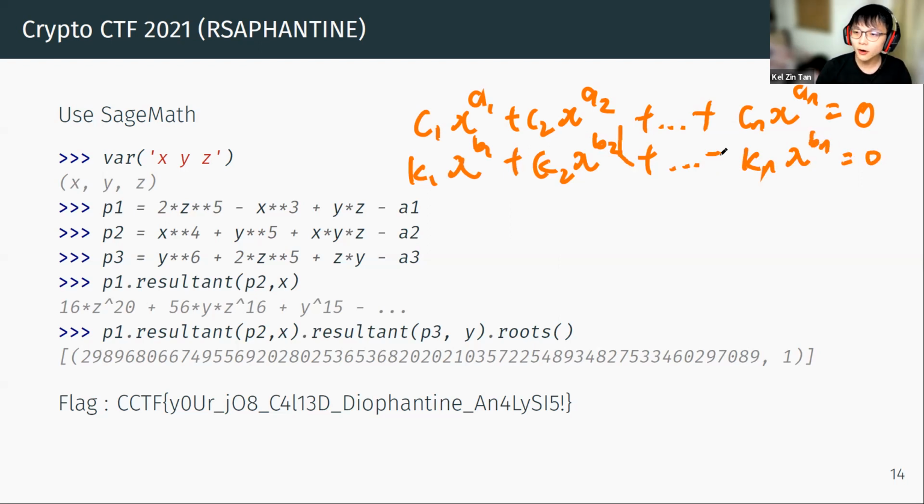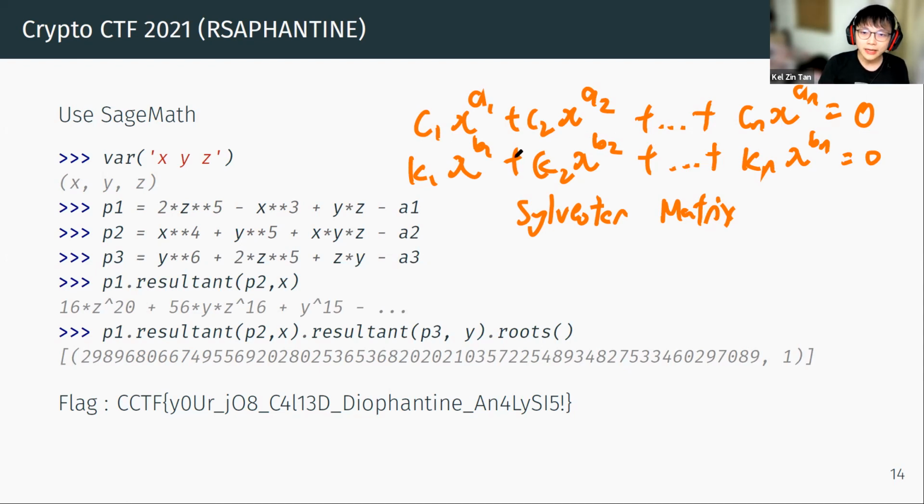If you want to combine these two together, you can check out a method called, I think, the Sylvester matrix. By using this method, you can combine these two together into one resultant.